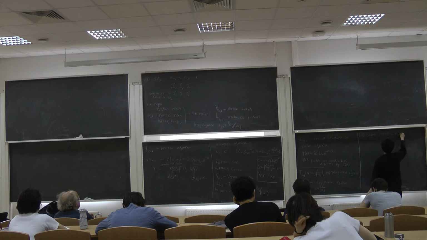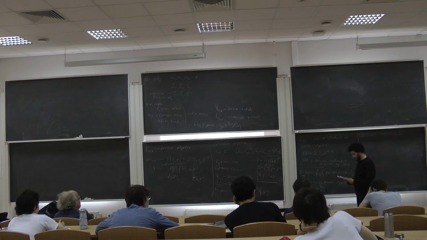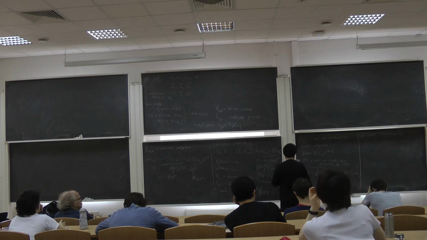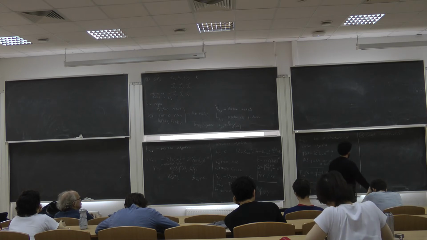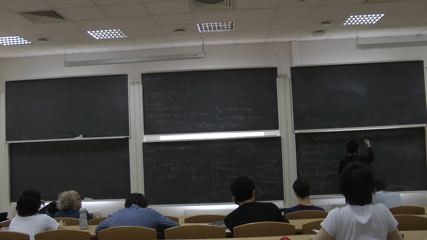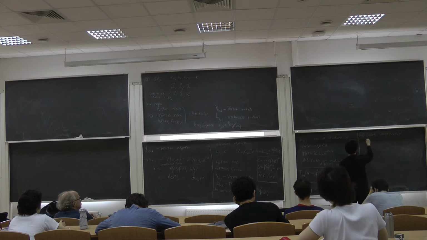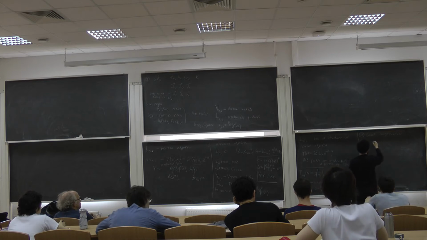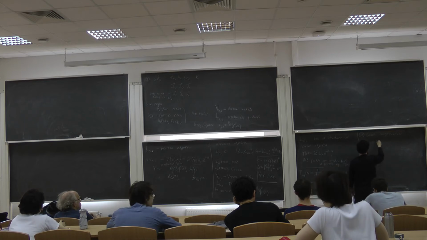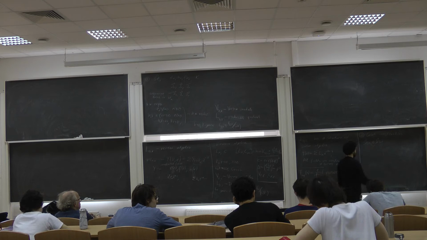This is a concrete relation. Consider two SL2 hat algebras, SL2 hat plus SL2 hat, one of them of level 1. I don't know, let me write it as an index.